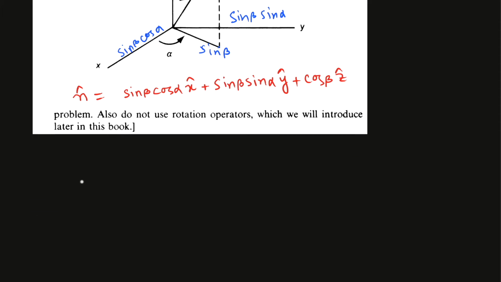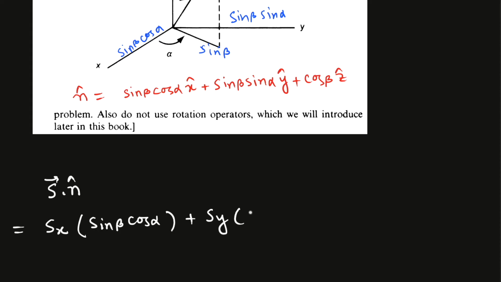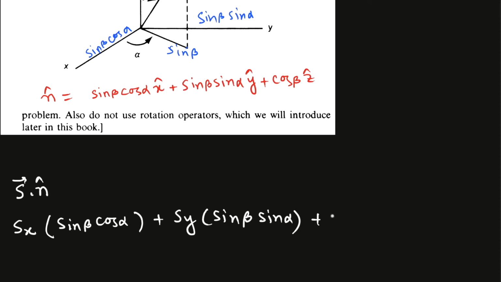So the dot product between S and n will be Sx into sin beta cos alpha plus Sy into sin beta sin alpha plus Sz into cos beta.